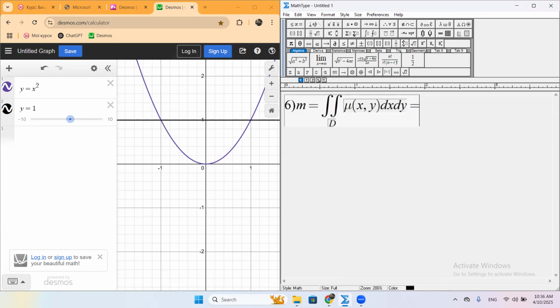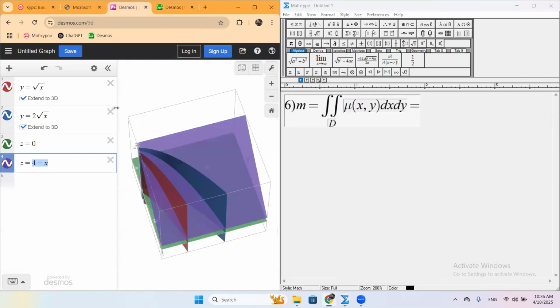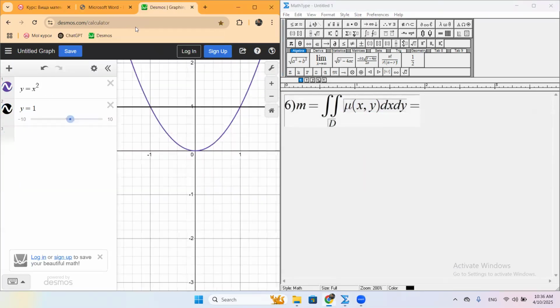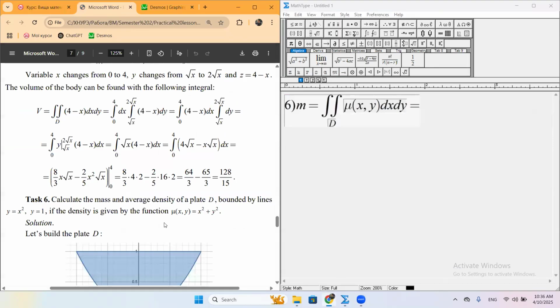When calculating just a usual double integral, if we think that the integrand is the density, we calculate some kind of mass. But actually the usual integral can be negative, but mass shouldn't be negative, of course. And here the expression is a positive function, x squared plus y squared.